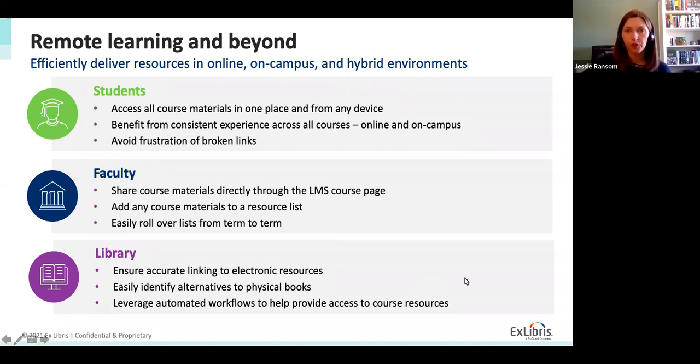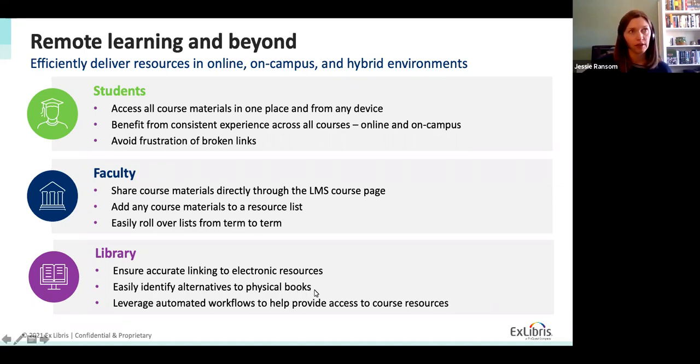And then finally, the third perspective that we look at here is the library side. On the library side, because we have this integration directly with the link resolver, we can ensure that the links are linking to the library collection accurately, flagging resources that are maybe physical items from the library collection, and helping to identify alternatives.